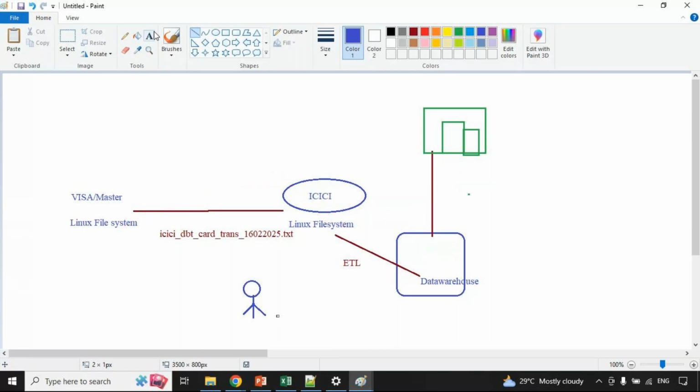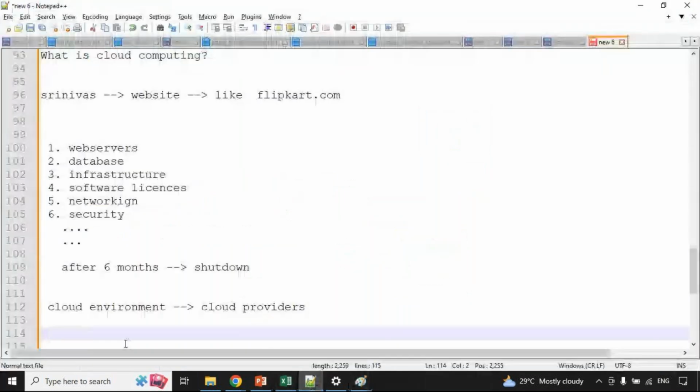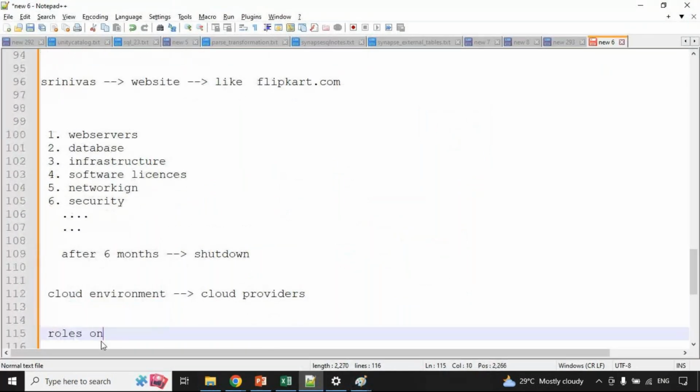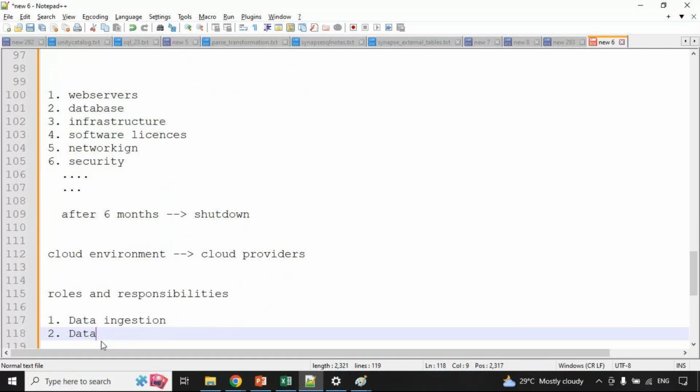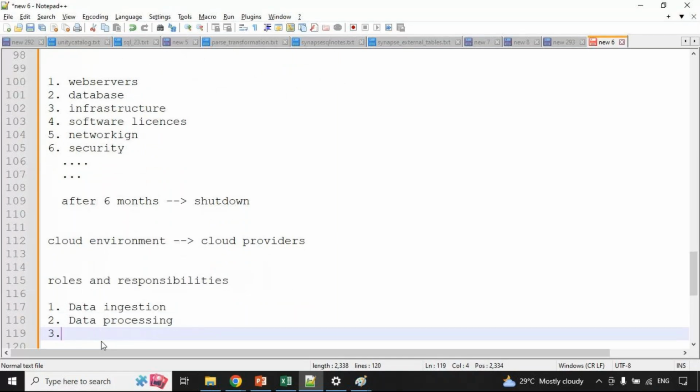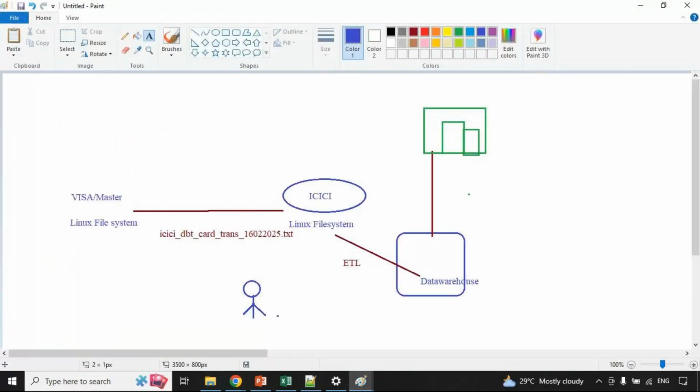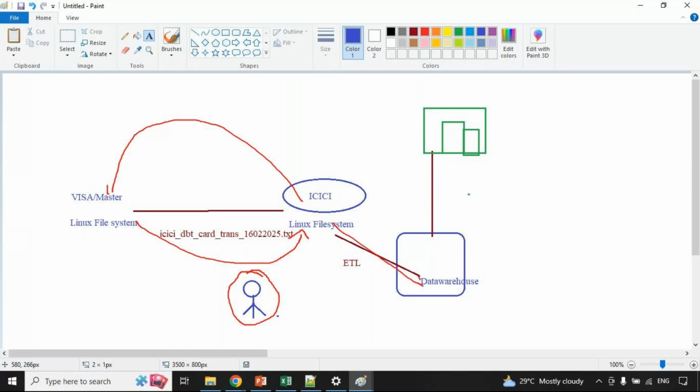So the main roles and responsibilities of the data engineer are data ingestion, data processing, and providing the data to the reporting team. As per the requirement, we have to connect to the source, get the data, and organize the data in the form of tables here in the data warehouse. As per the business requirement, we have to provide the data.